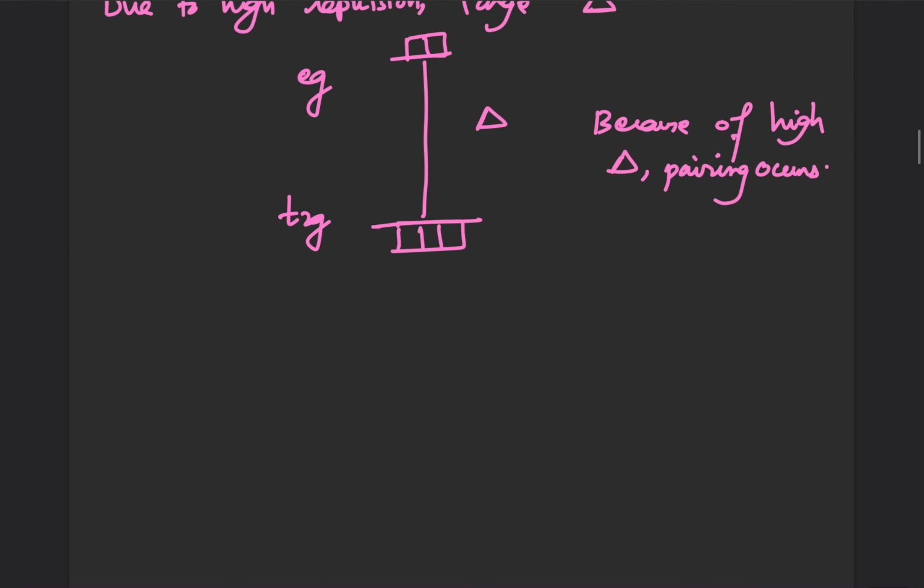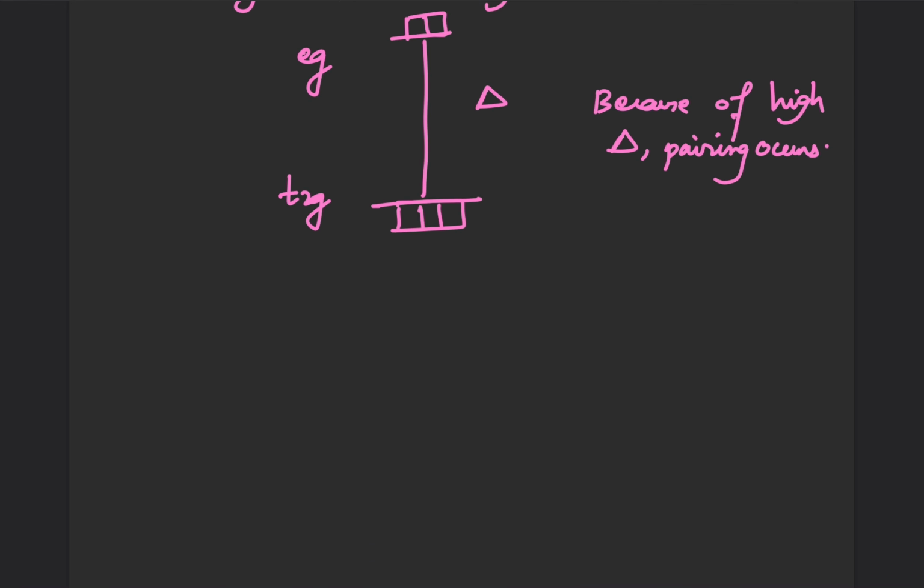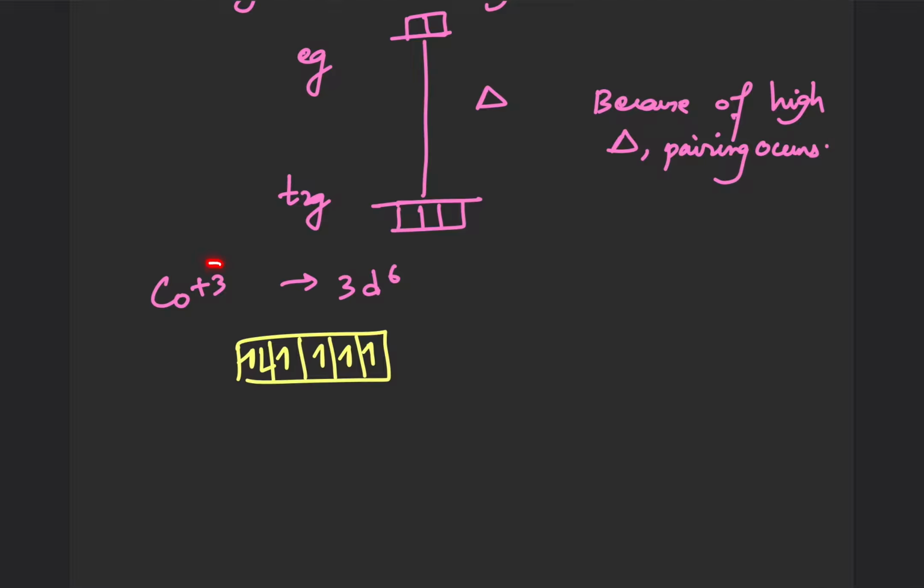Okay, so in cobalt +3, the configuration is 3d6. So 3d6 without pairing will look something like this: 1 2 3 4 5 6. And because of its very high oxidation state and high repulsions, the delta is going to be very high.